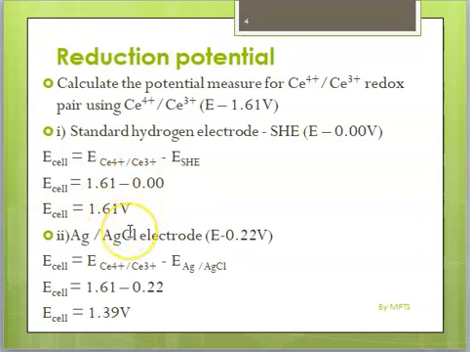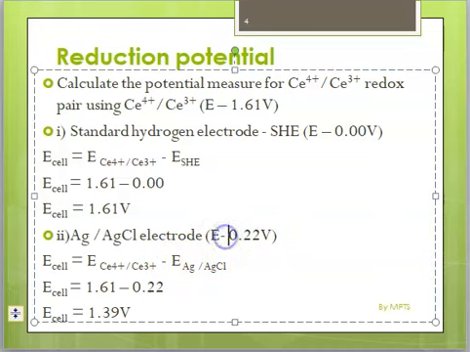However, when we're using another electrode which has some reduction potential, which is lower, the minus indicates the reduction potential of the silver and silver chloride electrode, which is 0.22 volts. When you subtract them, you get this.